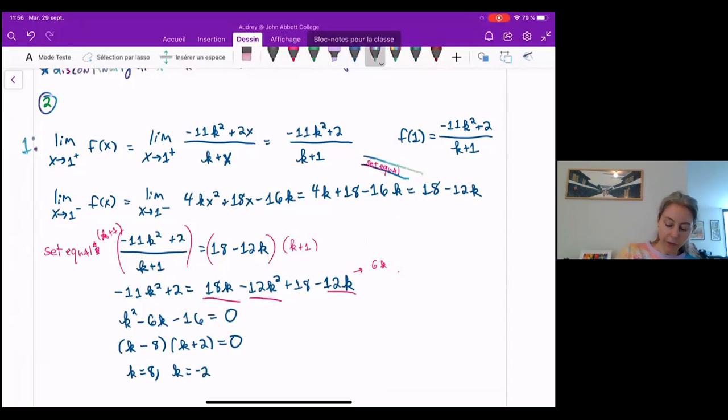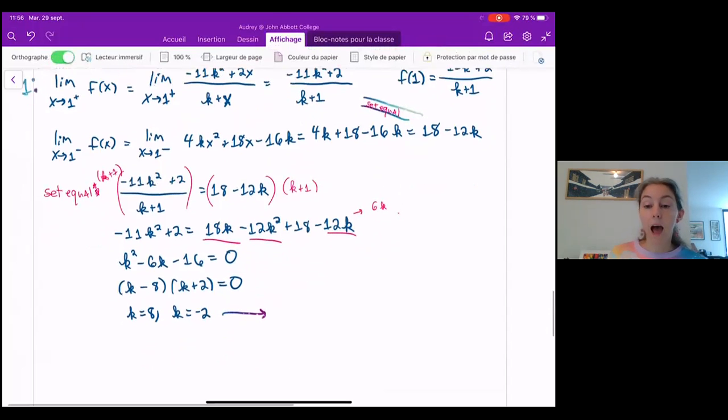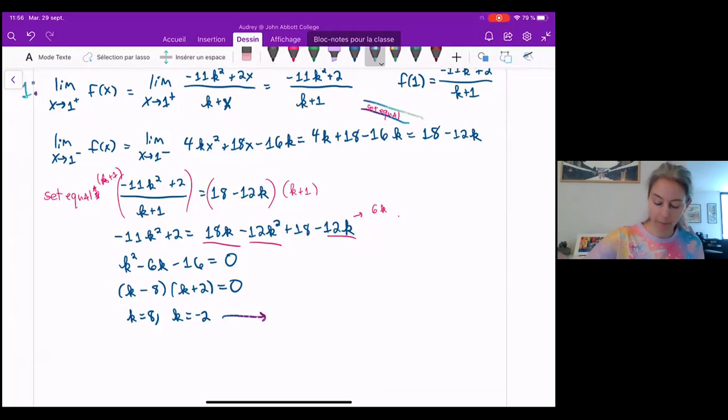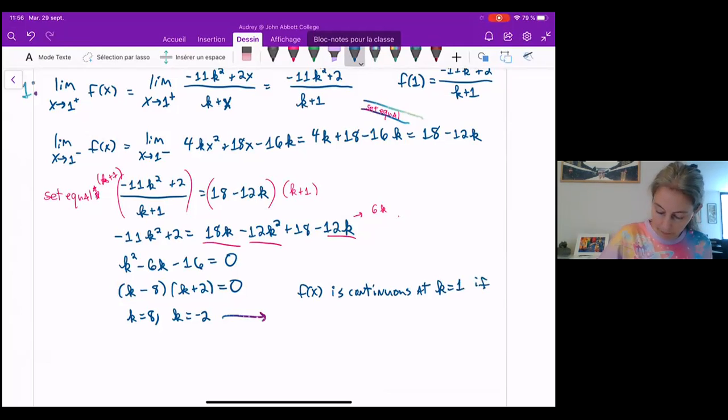And what this tells me is that f of x is continuous at x equals 1 if k is these values. Sorry, not k equals 1, x equals 1, my bad. At x equals 1 if k is equal to 8 or k is equal to negative 2.